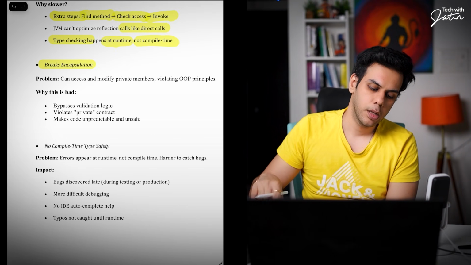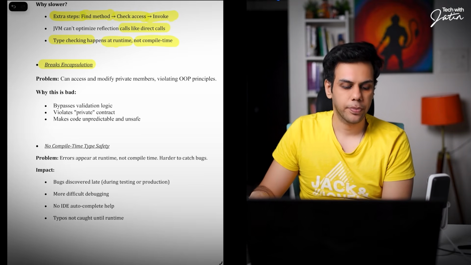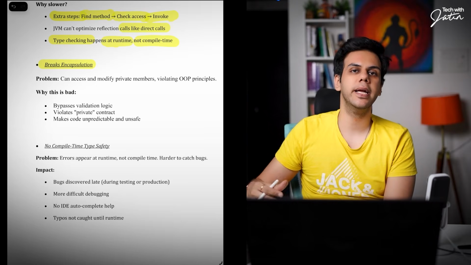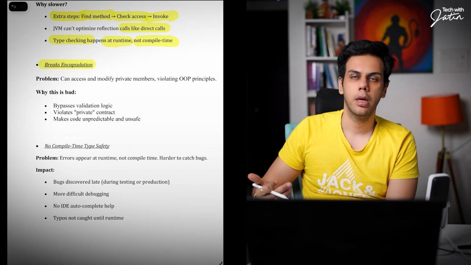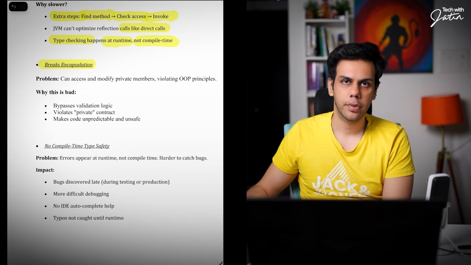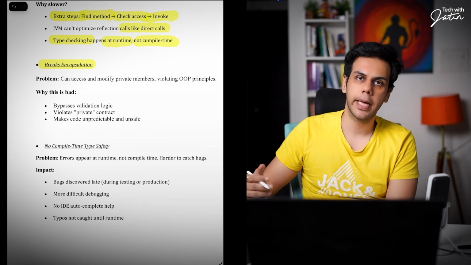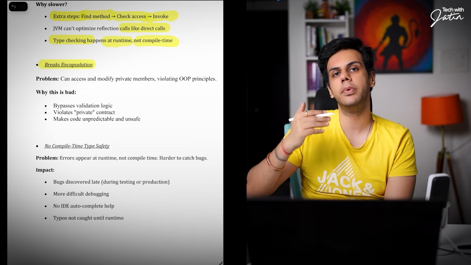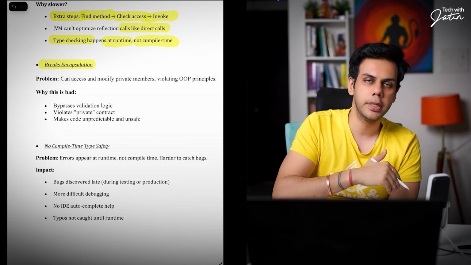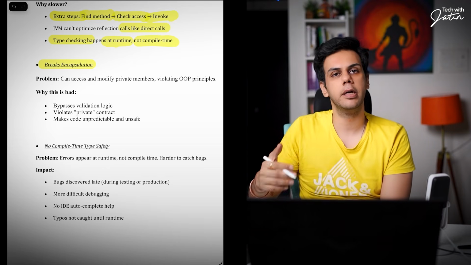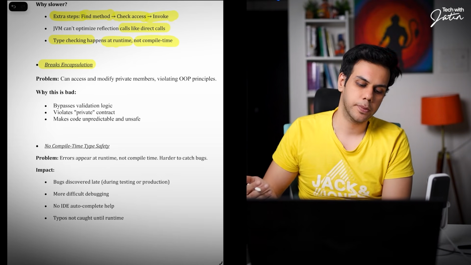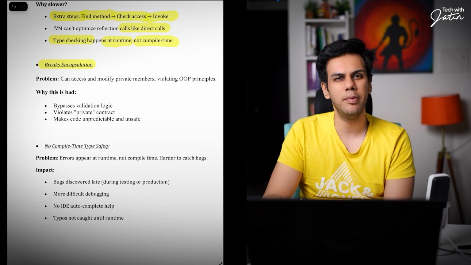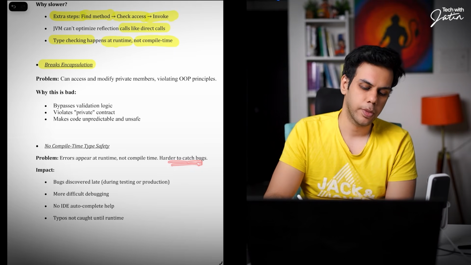Next point, no compile time safety. When you are using object reference, you technically get a little bit of compile time check. But in reflection, that is not there. Everything is going to happen at runtime. So even if there is an error, you will not be able to catch it at compilation time. You will only see that error when your program executes. So errors appear at runtime, not compile time, which makes it harder to catch bugs.